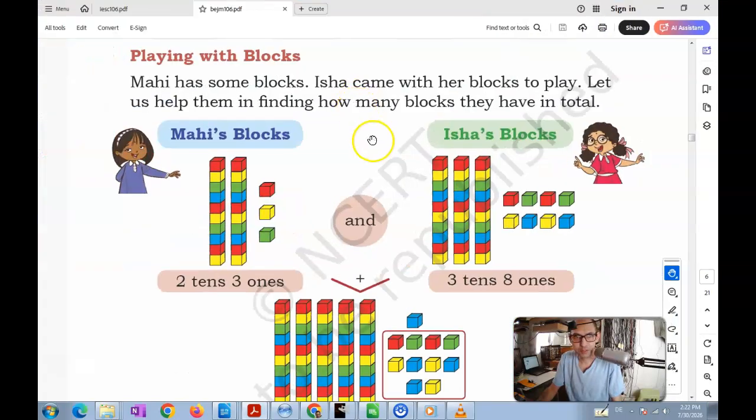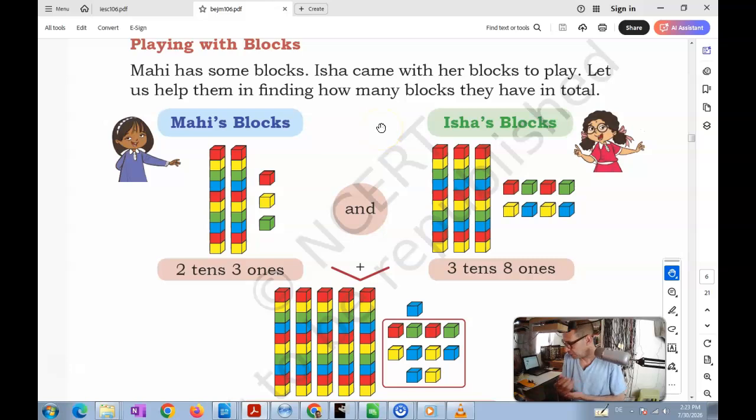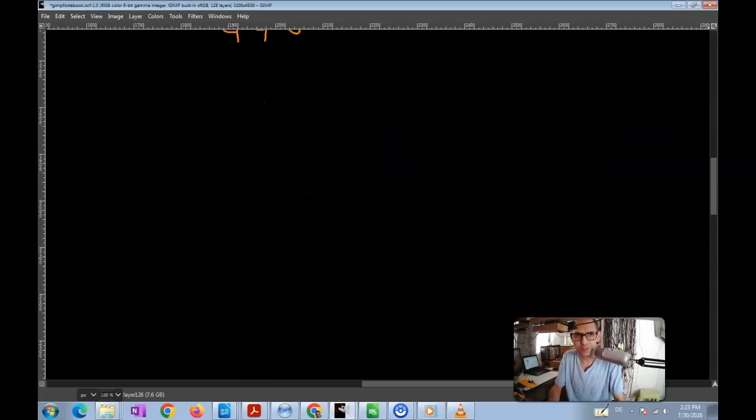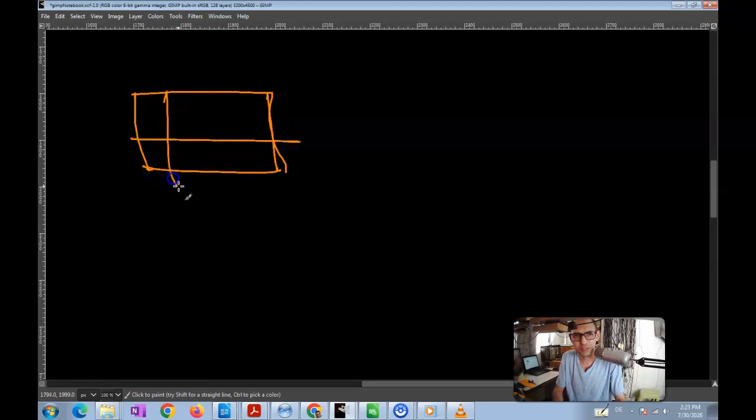Now let's talk about these blocks over here. This is one of the models that you can use for numbers. We saw that we had these different models for numbers. For example, we started with these different boxes: 1 2 3, 1 2 3 4 and 5.